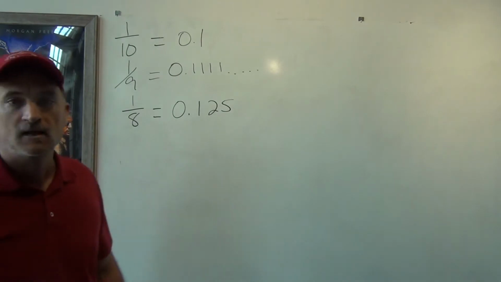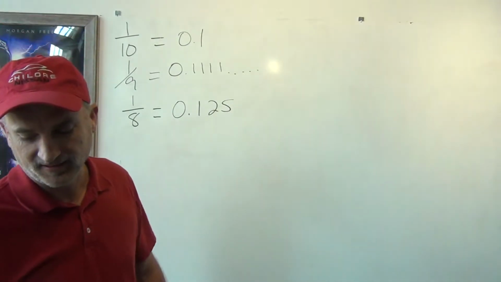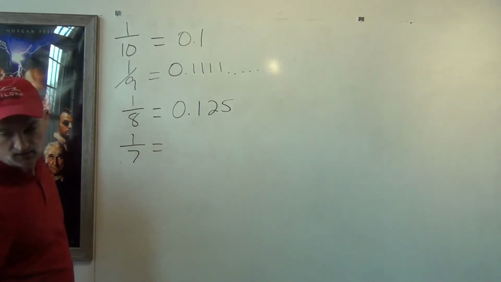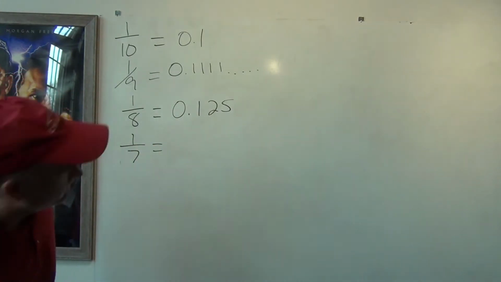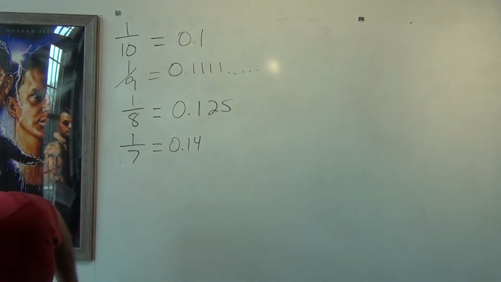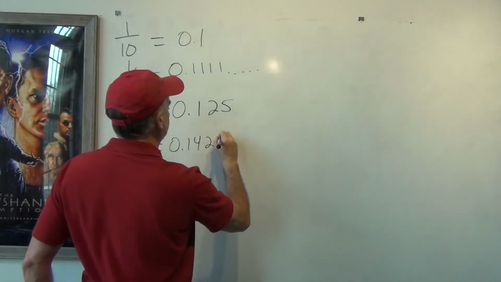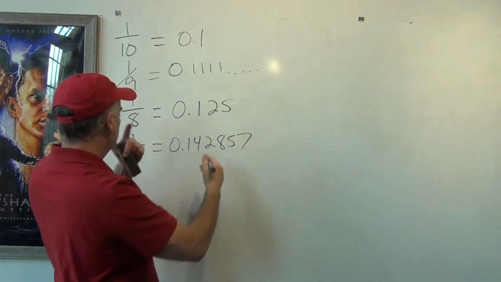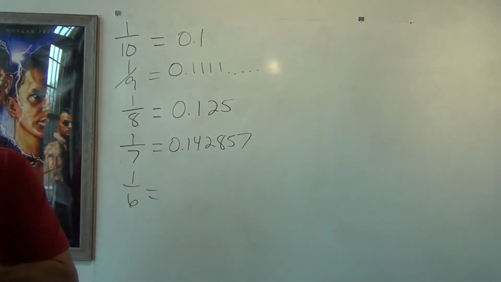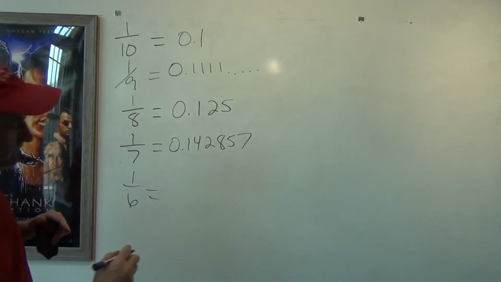1/7. Now that's an ugly one. That's going to be 0.142857. We're looking for patterns. Let's go 1/6. All right, 1/6 is going to be something interesting here.